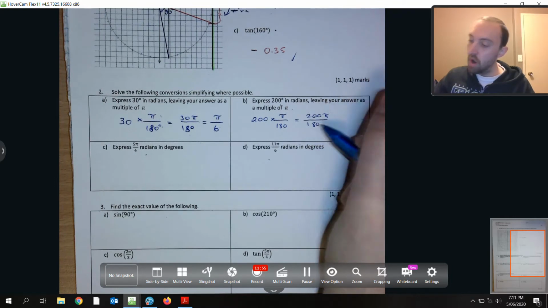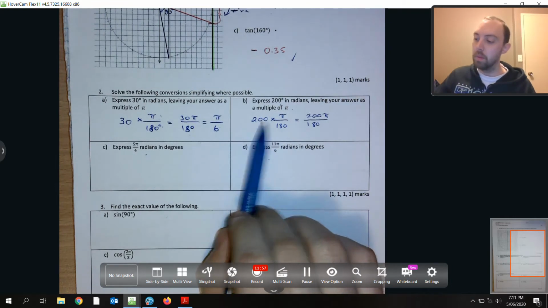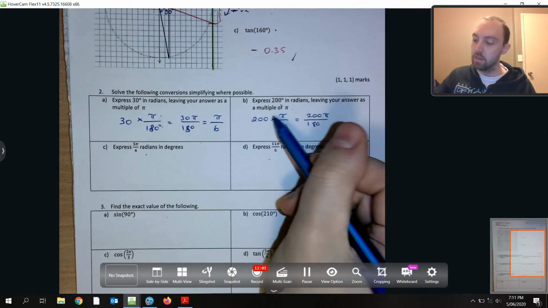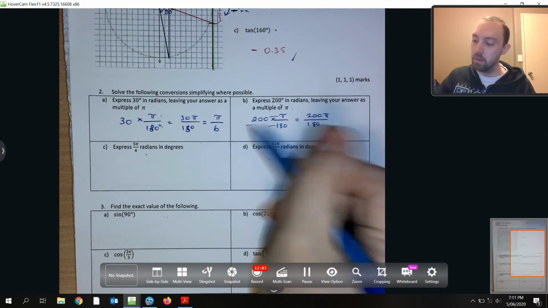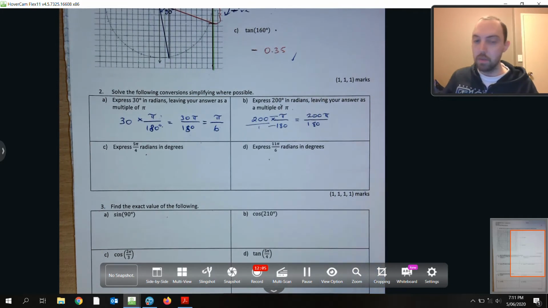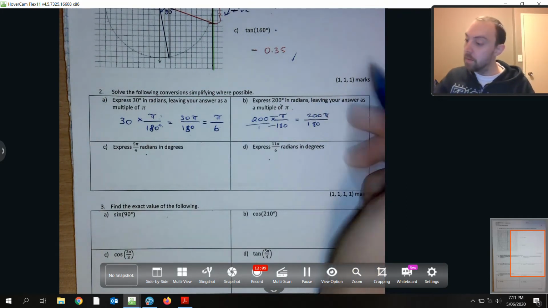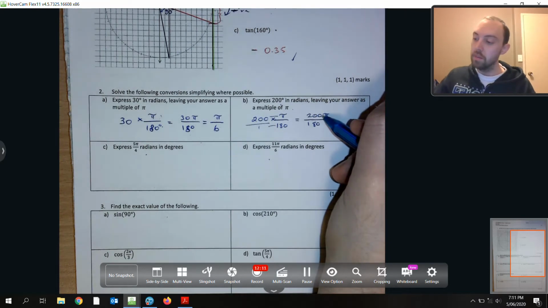I am not timesing both the top and the bottom by pi. When I'm multiplying fractions, I multiply the tops, multiply the bottoms. There is a 1 there, so we don't need to worry too much about that bottom line. So then I'm simplifying 200 pi on 180.